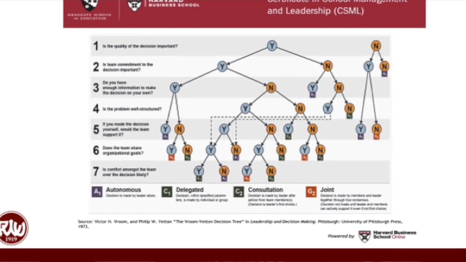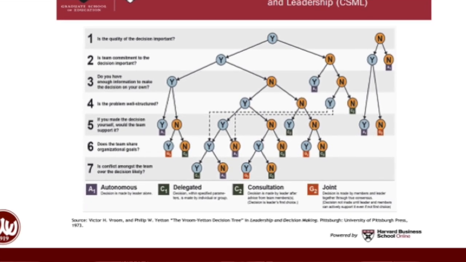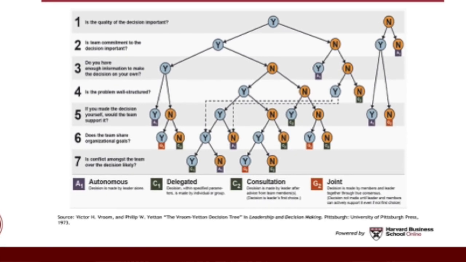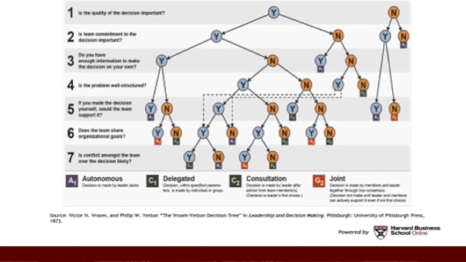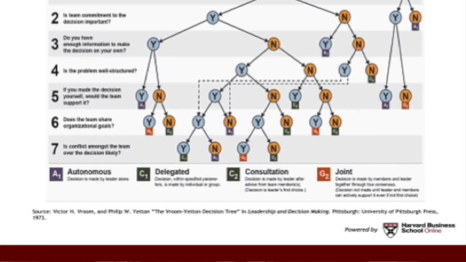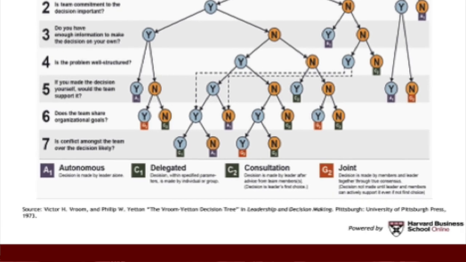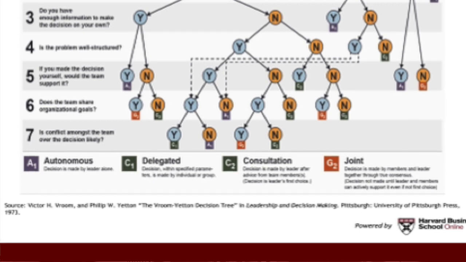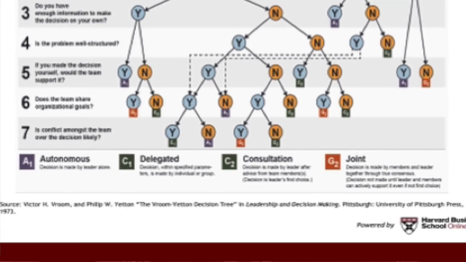You will be able to lead up to either an autonomous, where the decision is to be made by the leader alone, delegated, which means that the decision will be shared, C1, individual or the group, or you can do C2, which is consultation, or you can do a G2, which is joint, right? So again, a very nice tool for us.